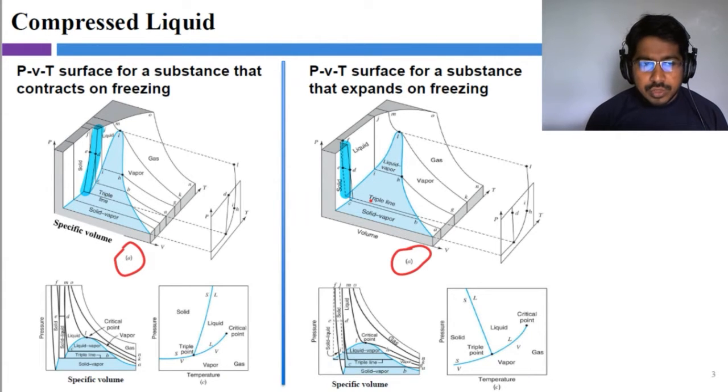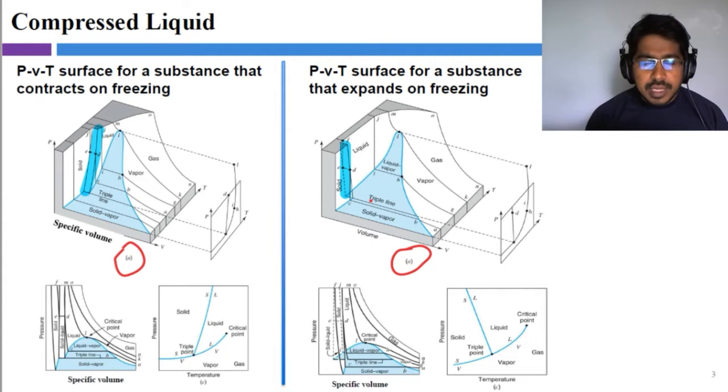So now you can see there are two types of materials, and usually A is the general observation. Usually when we are moving from a liquid to a solid, it densifies further. But there are certain exceptions as shown in figure B, where there's an expansion.